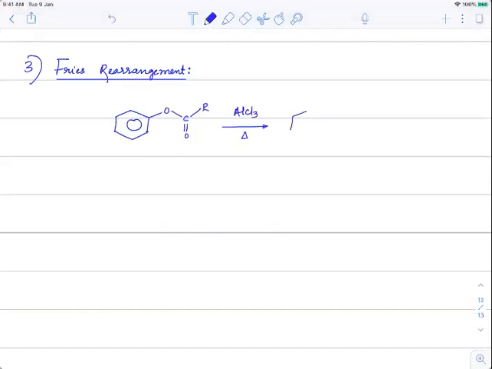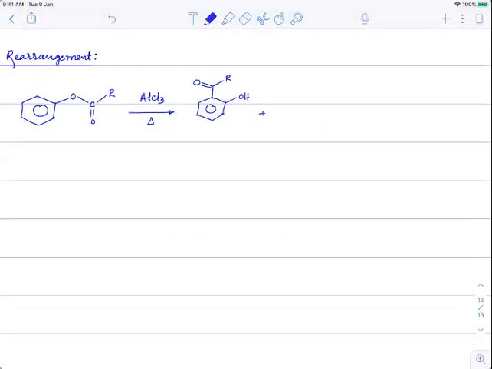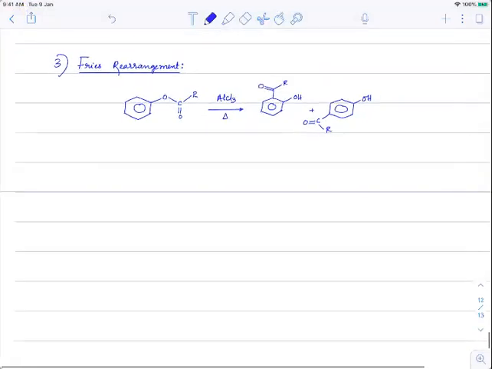On doing that, we will get phenol, sorry, we'll get this as phenol OH here and C double bond O R at ortho position. I'll get the same phenol at para position, like this. These are the two products for ortho and para.